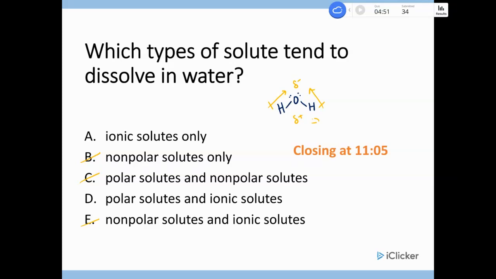So the partial positive areas can interact with a negative ion, and the partial negative area can interact with a positive ion. So water tends to dissolve polar solutes and ionic solutes. An example of a polar solute is like ethanol, alcohol, that dissolves in water. An ionic solute, like table salt, that also dissolves in water.